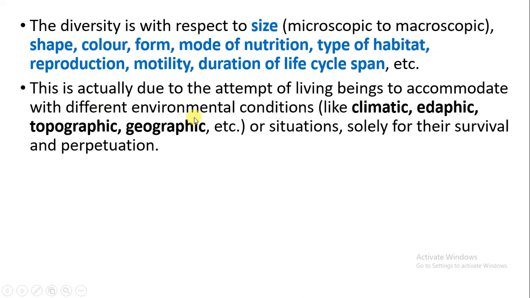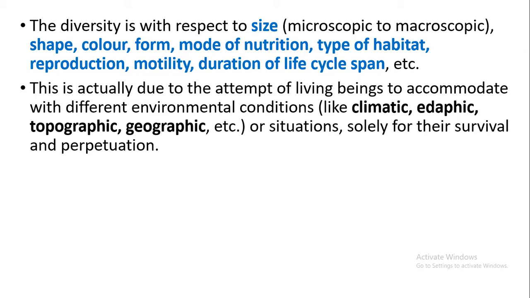Even when we talk about environmental conditions, every place does not have the same environmental condition. In different regions, there is difference in the climatic conditions. There is difference in the edaphic, that is soil, topography, geography. Each region is different from each other.